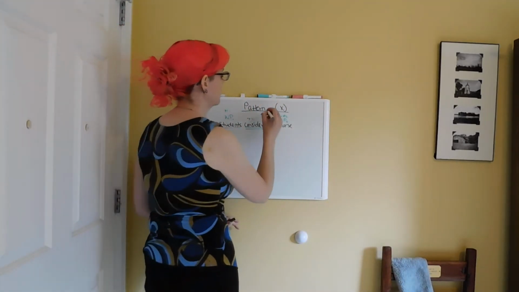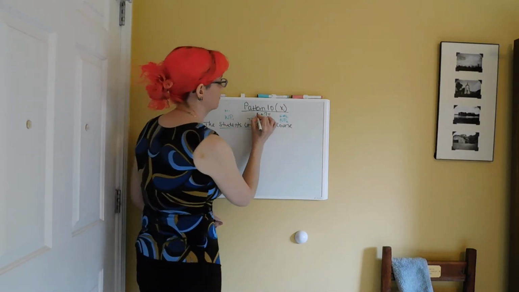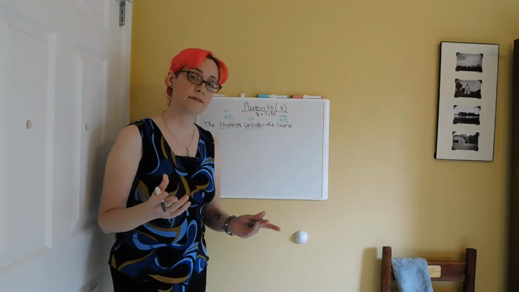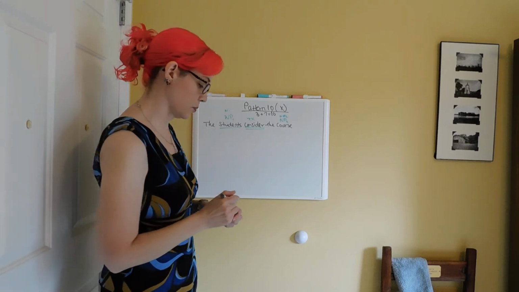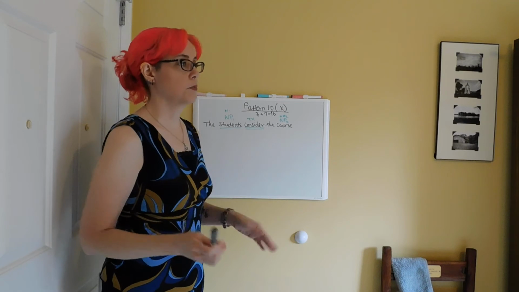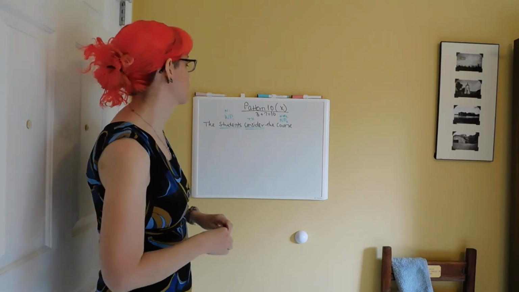Alright, pattern 10. Pattern 10 adds pattern 3 to pattern 7. Again, caveat, pattern 3 is technically for linking verbs, and specifically in this textbook, the to be verbs, but it basically works.